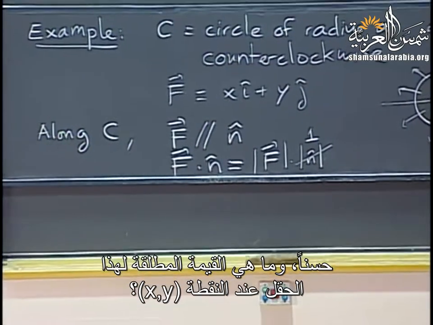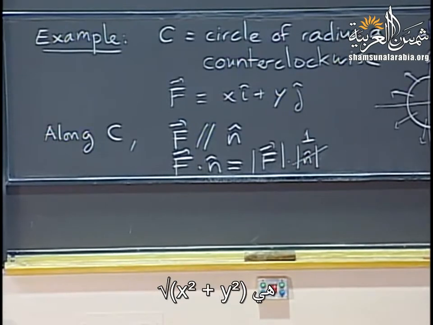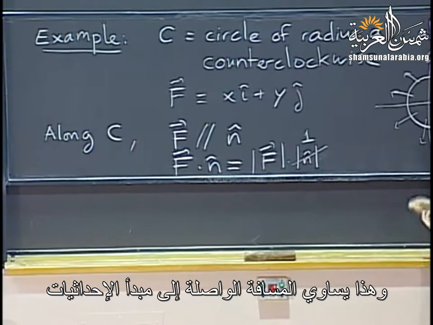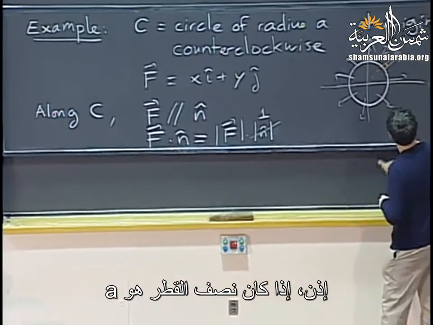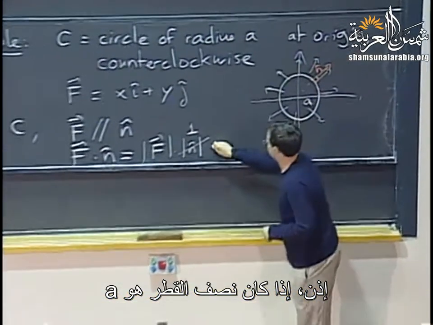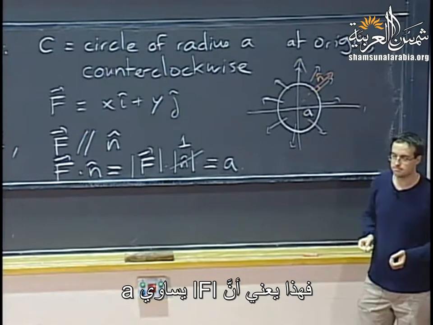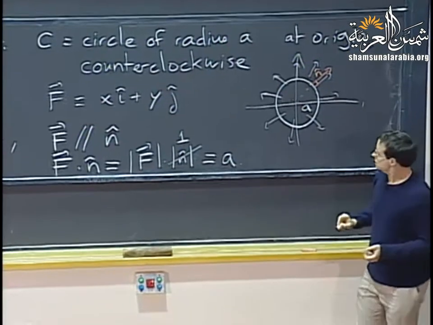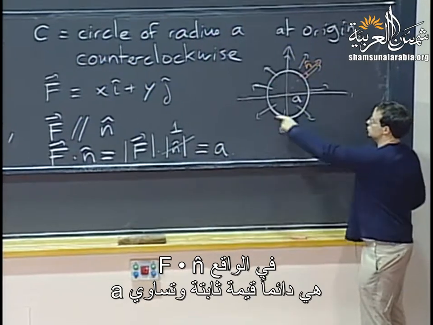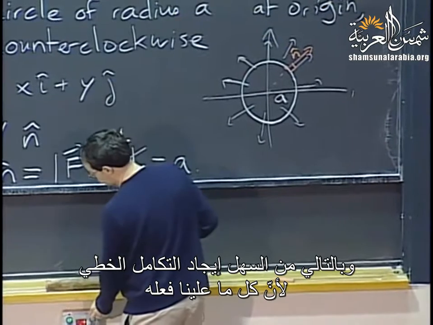Now, what's the magnitude of this vector field at a point x, y? It's the square root of x squared plus y squared. That's the same as the distance from the origin. So if this radius is a, then the magnitude of F will just be a. So in fact, F dot N is constant, always equal to a, so the line integral will be pretty easy.